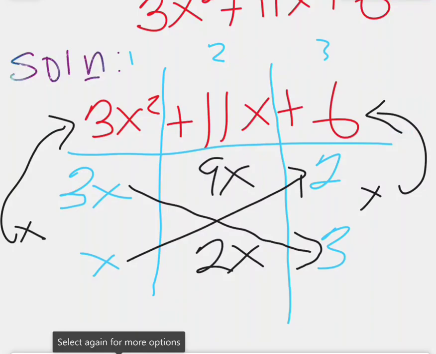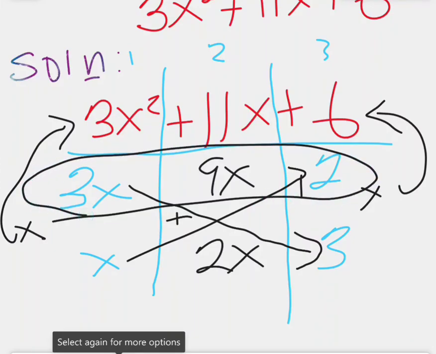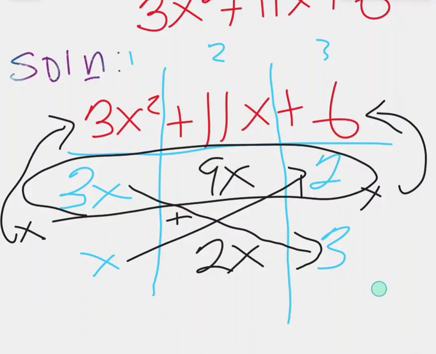Now when you add these 2 in the middle, it's going to give you the middle term, which is 11x. So at the end of the day, to get your factors, you just pick horizontally the first column and the last column to be one of your factors.